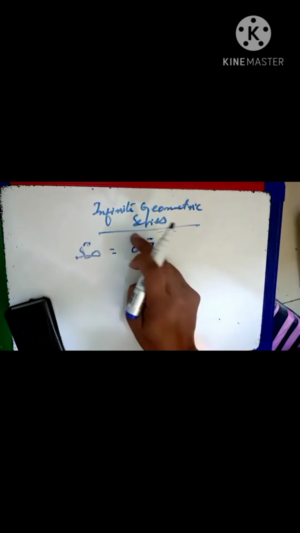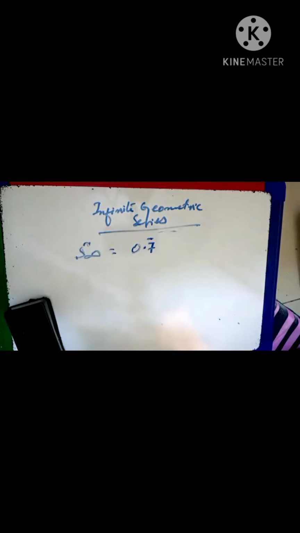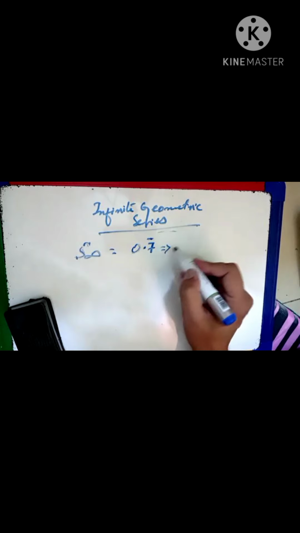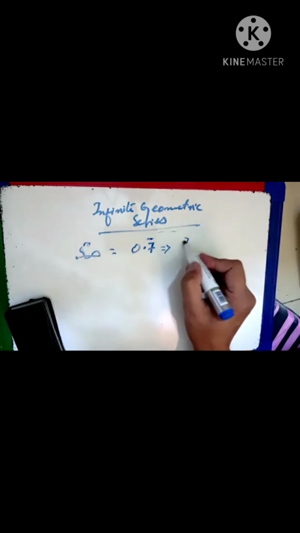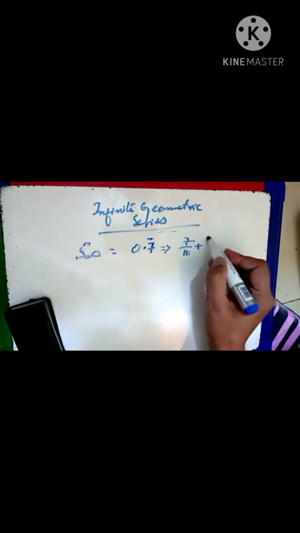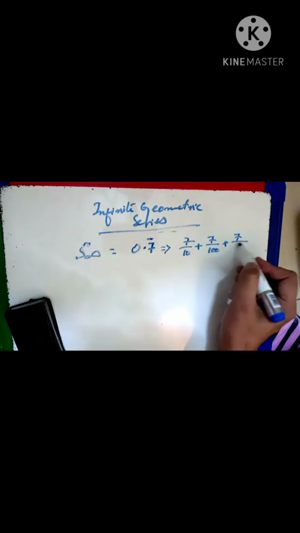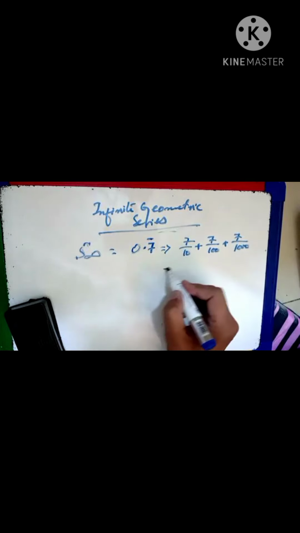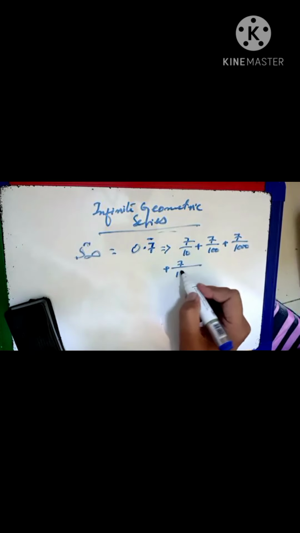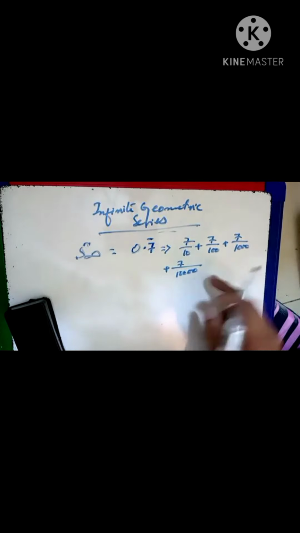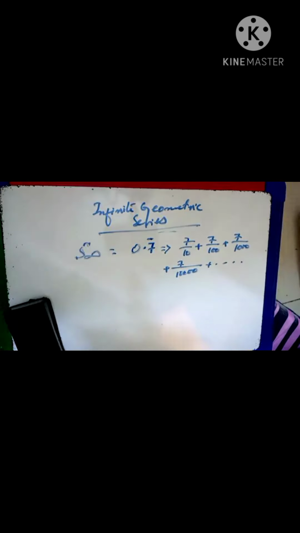This dash means recurring, so it continues. It's going like that: 7 over 10 plus 7 over 100 plus 7 over 1000 plus 7 over 10,000, like this, continuing and going towards infinity.